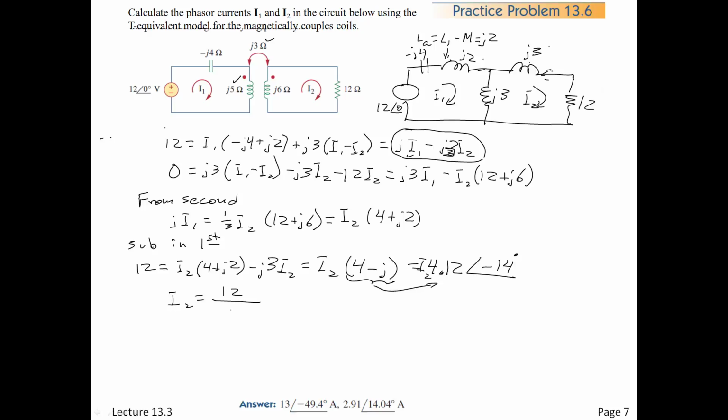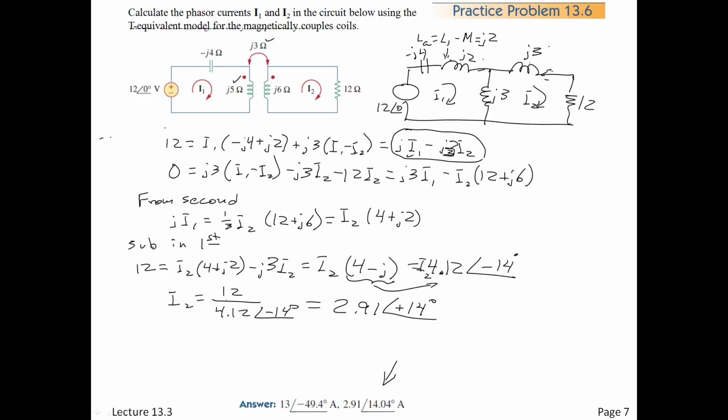Okay, so then I2 is going to be this divided by 4.12 at an angle of minus 14 degrees. And so that leaves me with something a little smaller than 3, in fact 2.91 at an angle of plus 14 degrees. Okay, so that's the current I2, and we did get that.